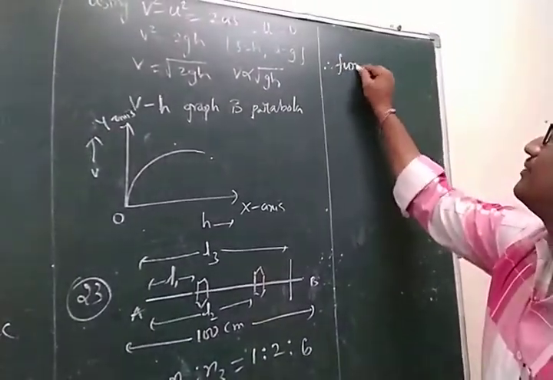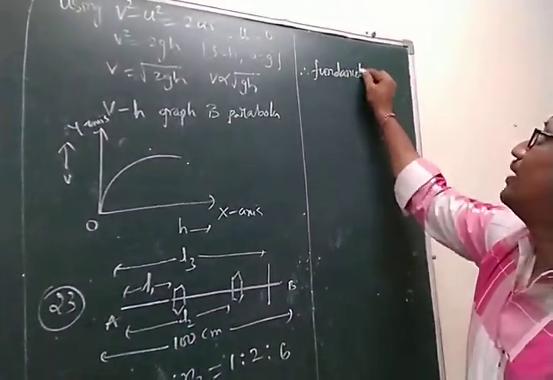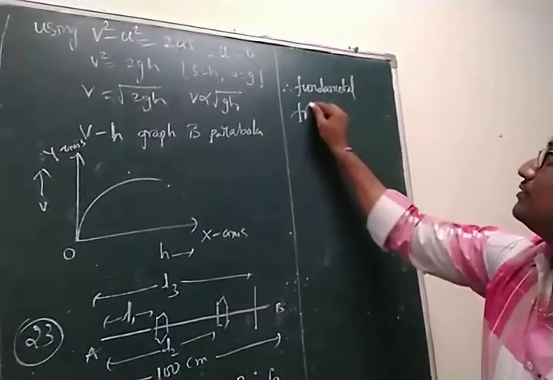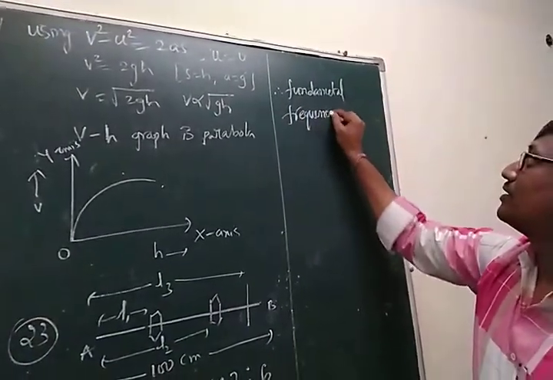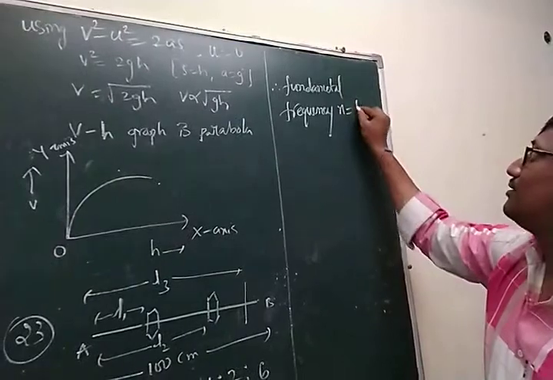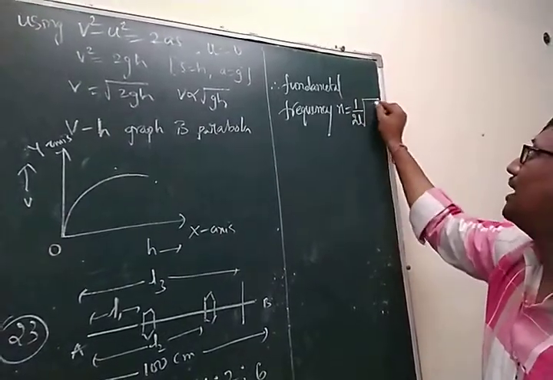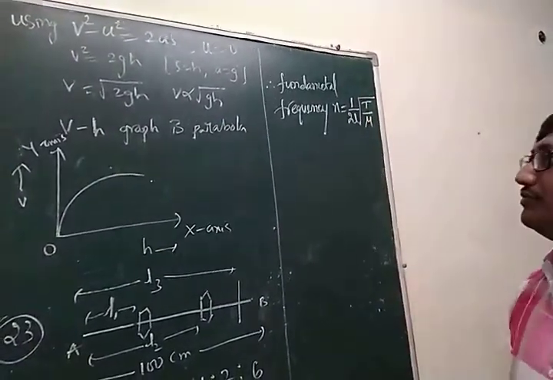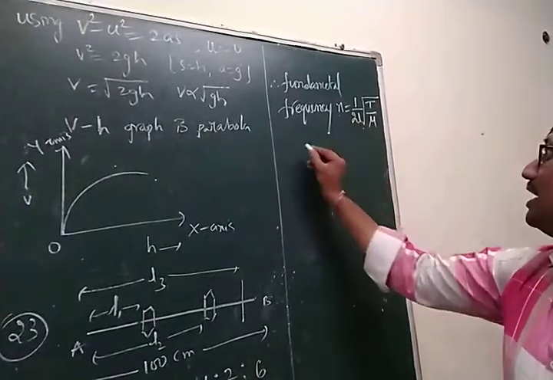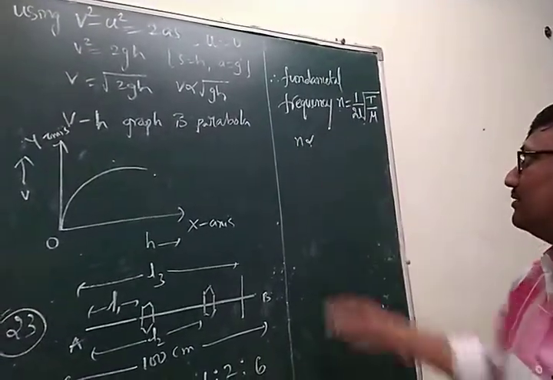See, therefore, the fundamental frequency. So what is the formula? n is equal to 1 by 2l under root of T by mu. See, n is inversely proportional to length.